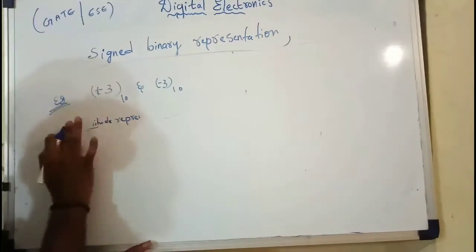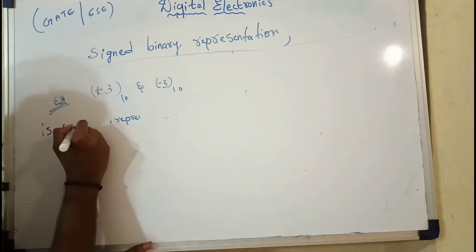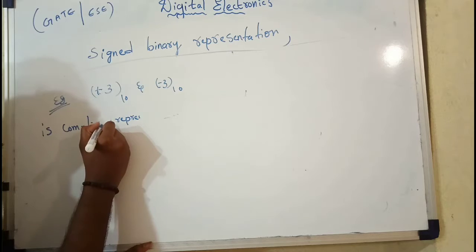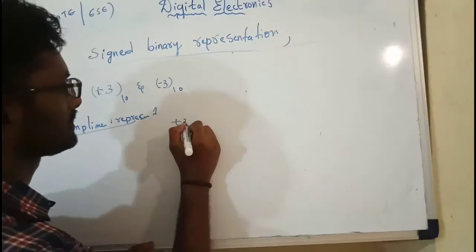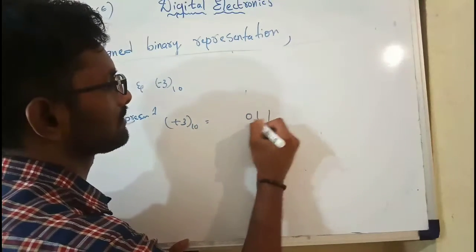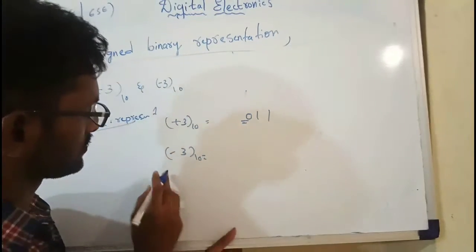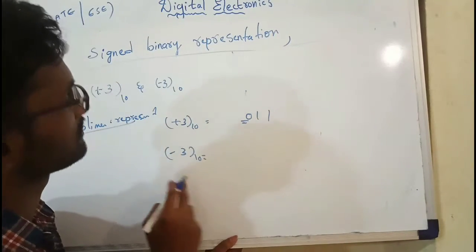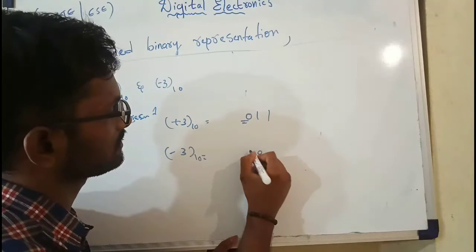We will see one's complement representation. For plus 3, the one's complement representation is 0 1 1. This is the sign bit. For minus 3, the one's complement representation is the one's complement of plus 3 in base 10, which is 1 0 0.